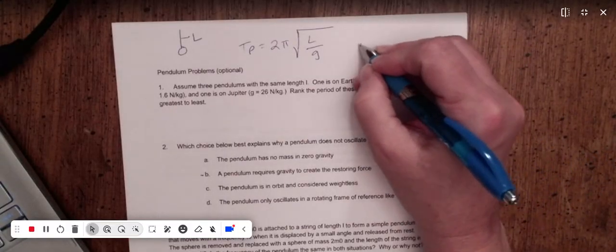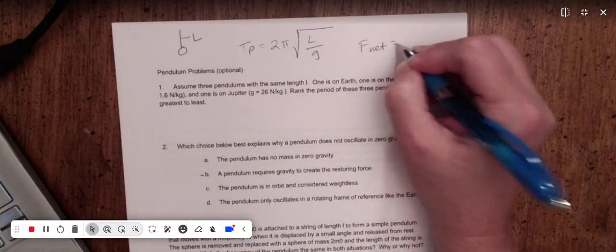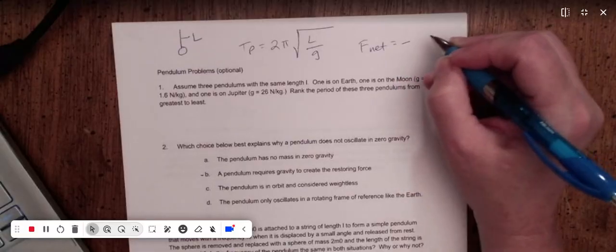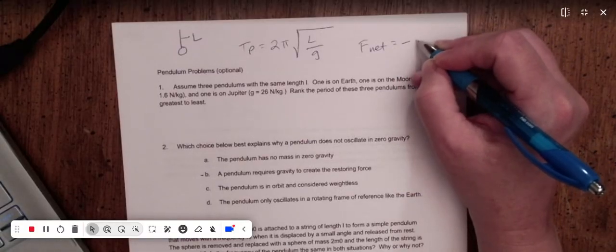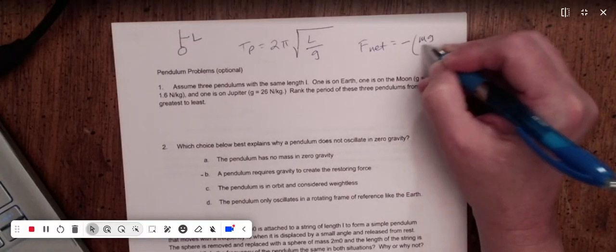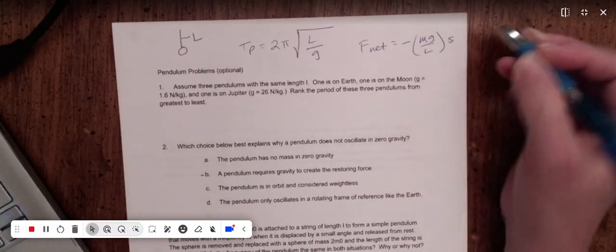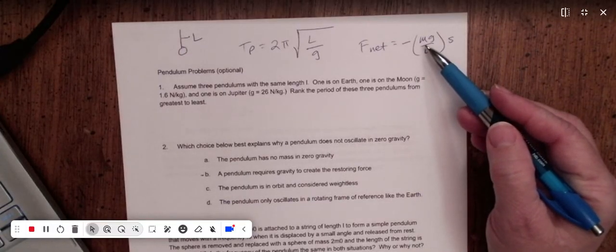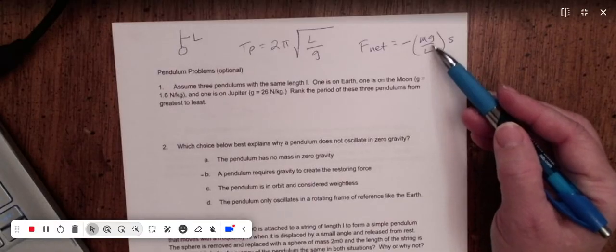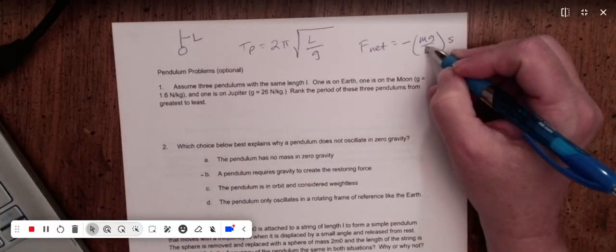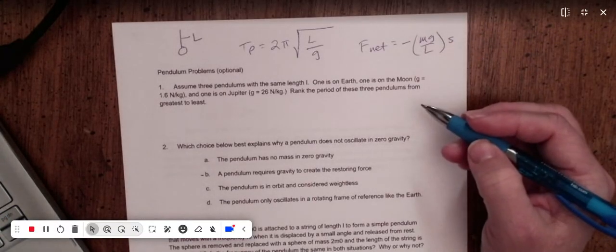And then the restoring force for a pendulum, and I'll talk about deriving this one today in class, is this. So M is the mass, G is our acceleration due to gravity, L is that same length I just talked about, and then S is an arc length.